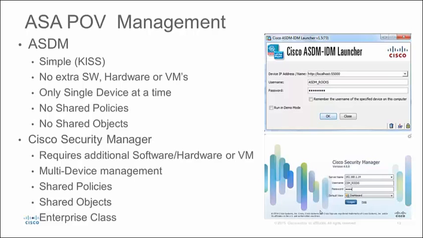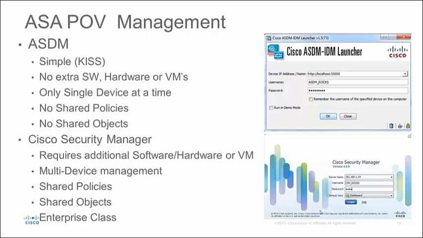ASDM does not require you to install any additional software or hardware or provision of VM, but it has a number of disadvantages. No shared policies, shared objects, and only a single device can be configured or troubleshot at any particular time. CSM solves all those shortcomings, but adds complexity in that you must install a server and software.